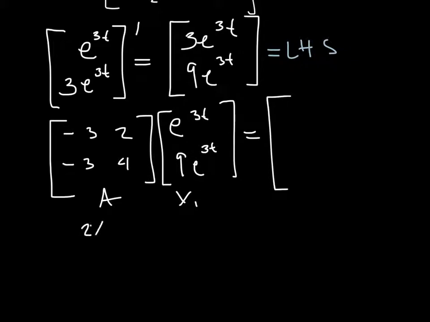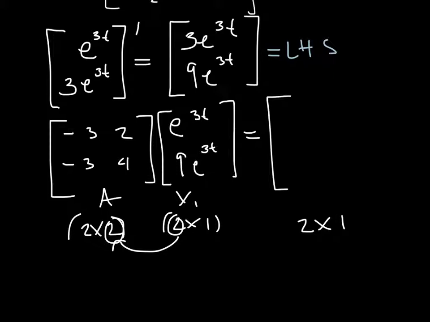This one is a 2 by 2, and this one is 2 rows, 1 column, so the result is going to be 2 by 1. The inner dimensions have to match in order for the resulting matrix to be defined. So 2 rows, 1 column.